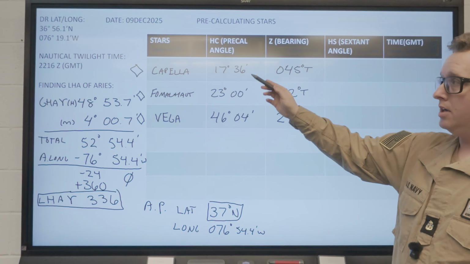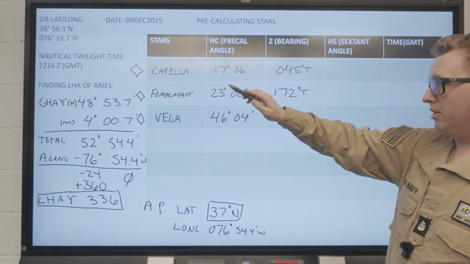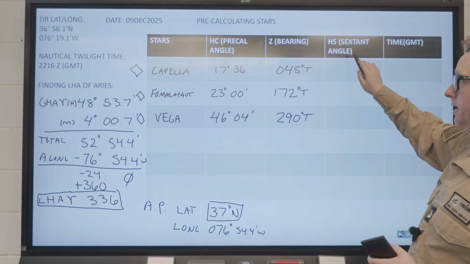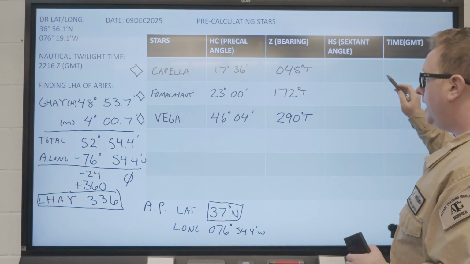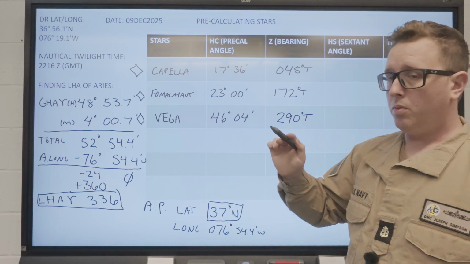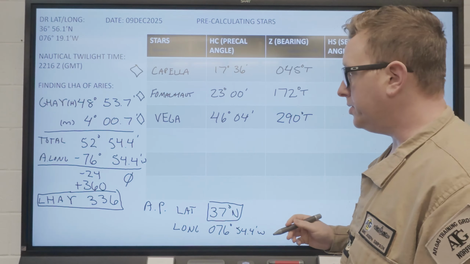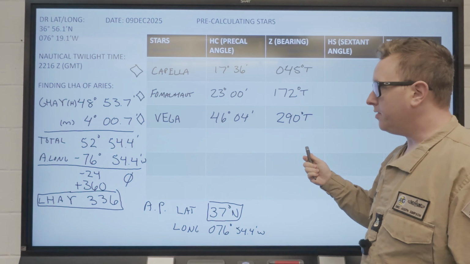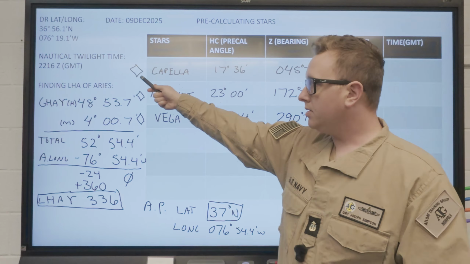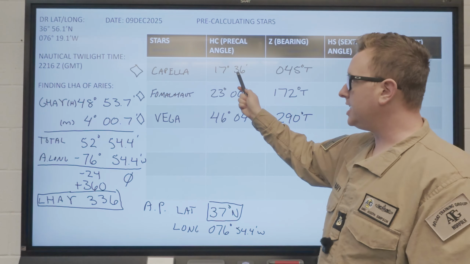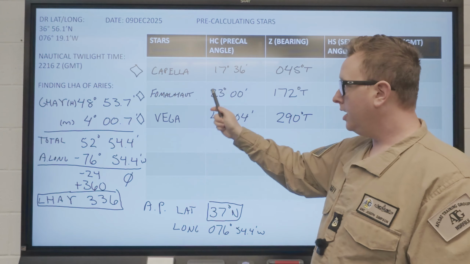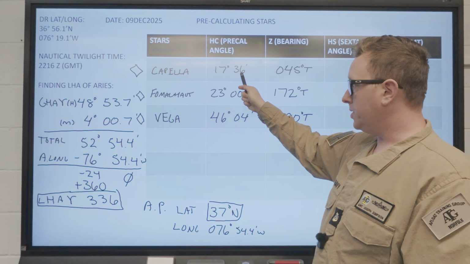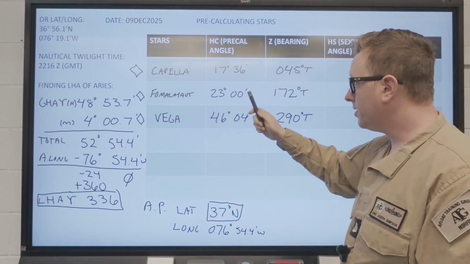And when I go out during nautical twilight, I'll find HS, which is the sextant angle, whatever the sextant says, and I'll do a time check whenever I got that altitude. With this information, when you go out during nautical twilight, you're going to set the sextant to this. You put 17 degrees on the arc and turn the micrometer drum until it hits 36 minutes.